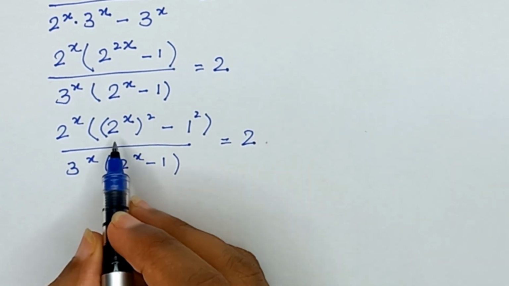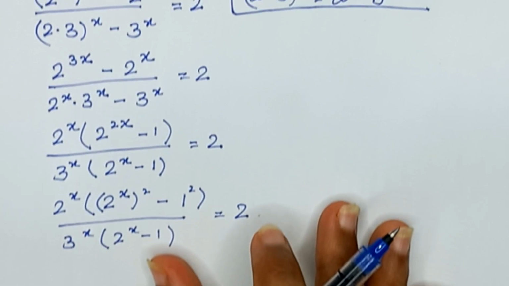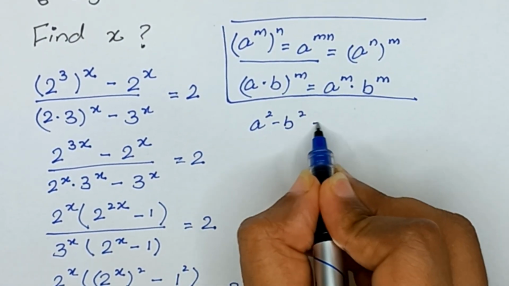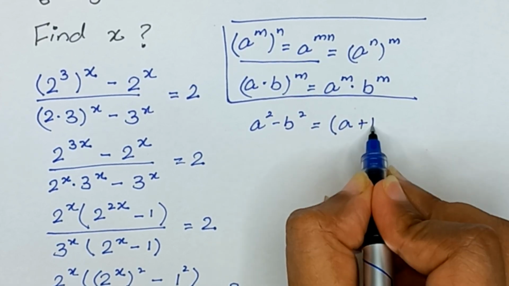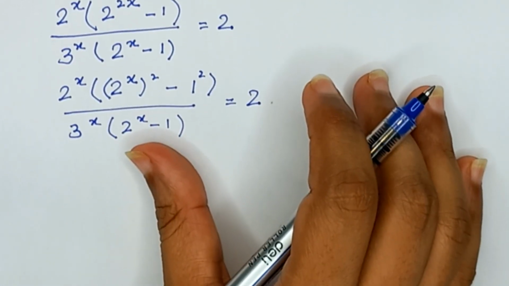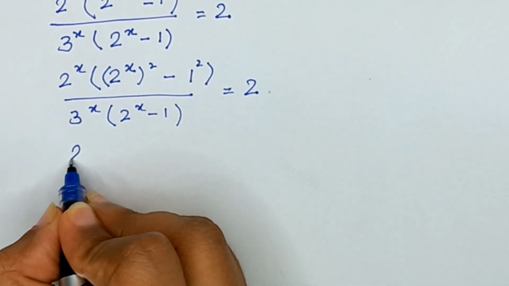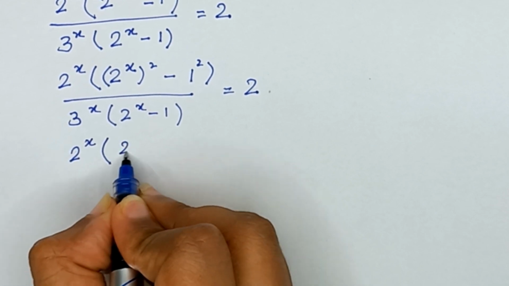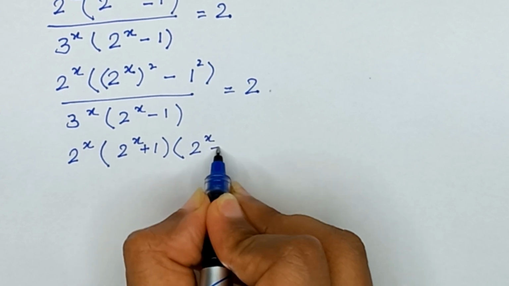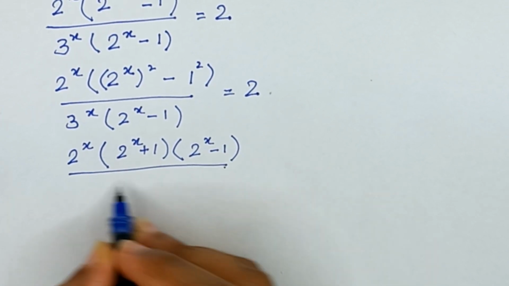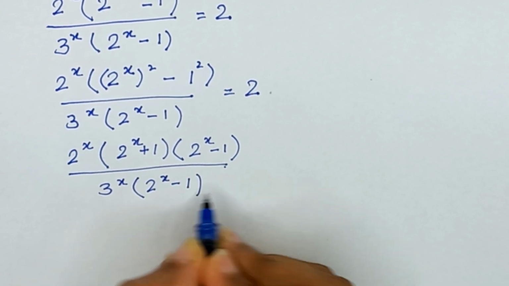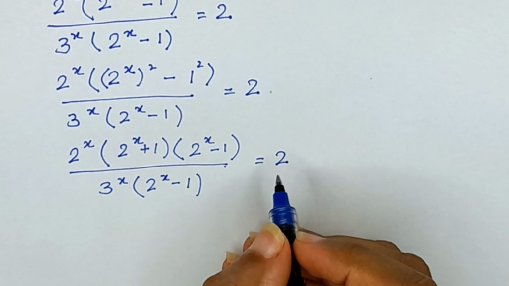Okay, now it is in the form of a squared minus b squared, and a squared minus b squared is equal to (a plus b) times (a minus b). So it will become 2 raised to the power x times (2 raised to the power x plus 1)(2 raised to the power x minus 1), divided by 3 raised to the power x times (2 raised to the power x minus 1), and it is equal to 2.